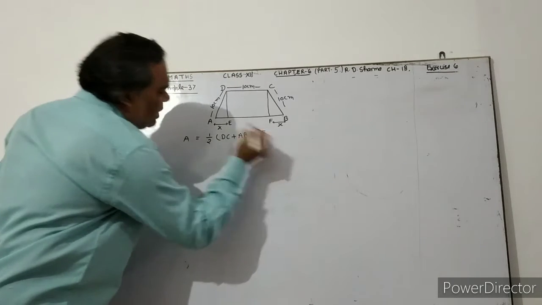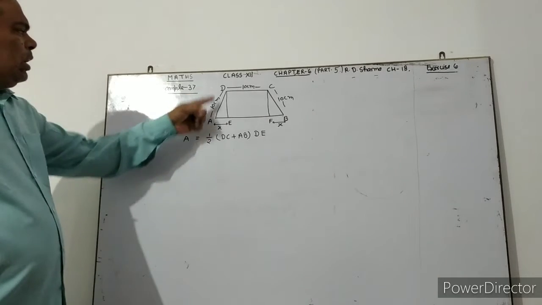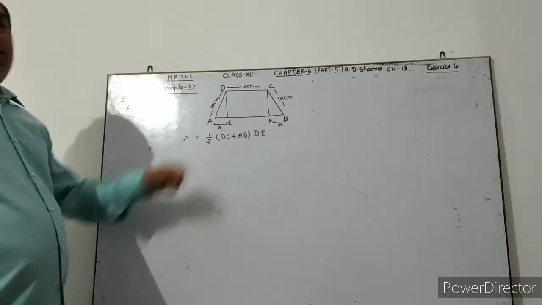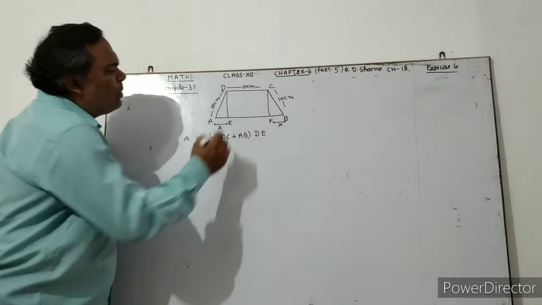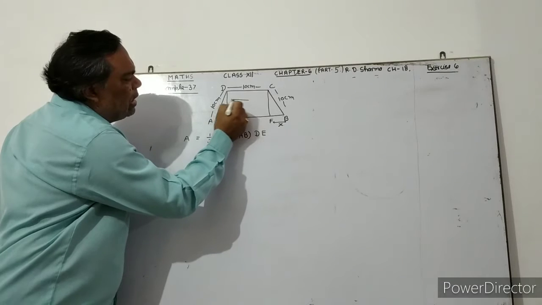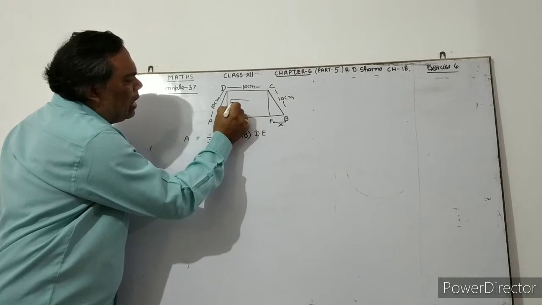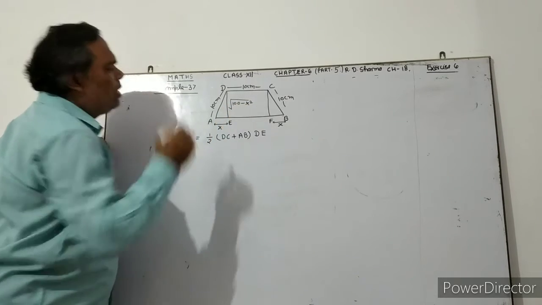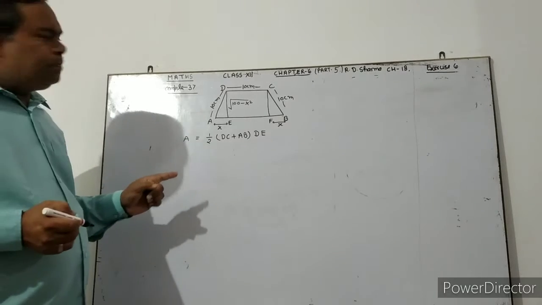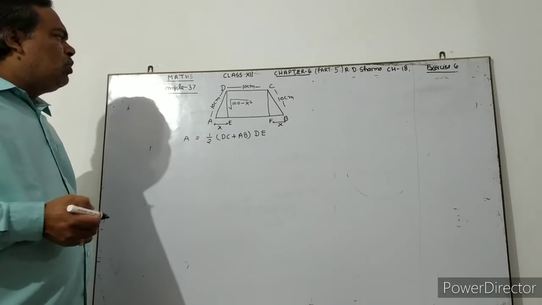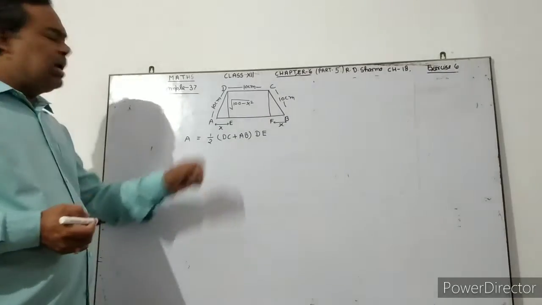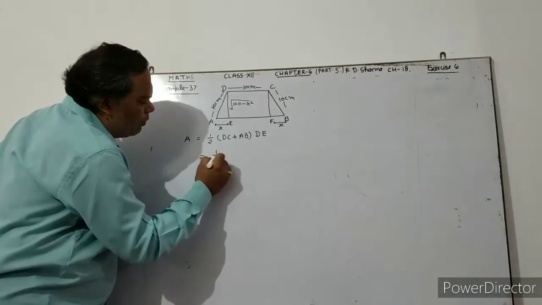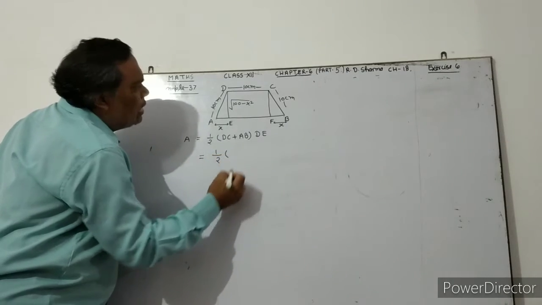Now, in the triangle DAE, you use the Pythagoras theorem. Then DE is the under root 100 minus x square. Now area is half the sum of the parallel sides.